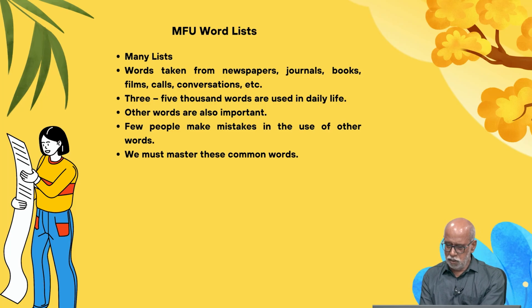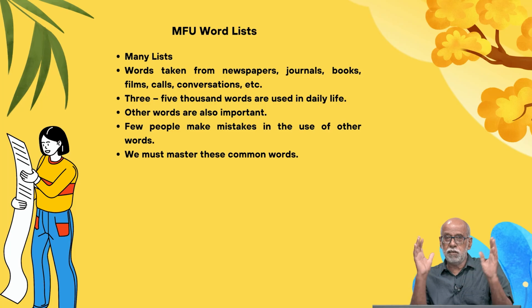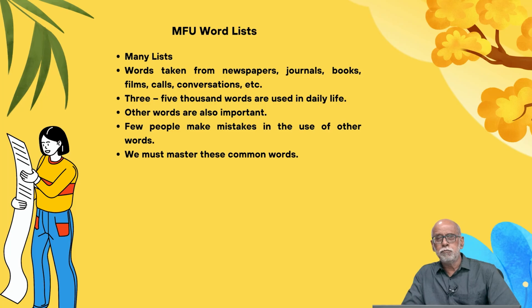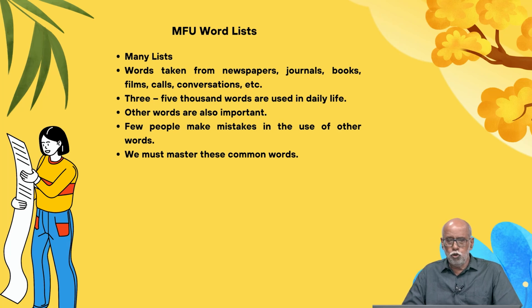For example, there are some corpora which have 10 billion words. I mean, that is the kind of storage they have. They collected 10 billion words. There are, on the other hand, some corpora which have only 500 million words. So the difference is huge.